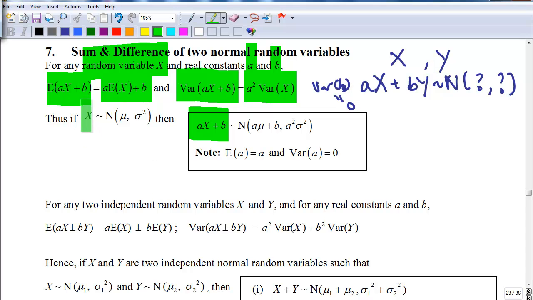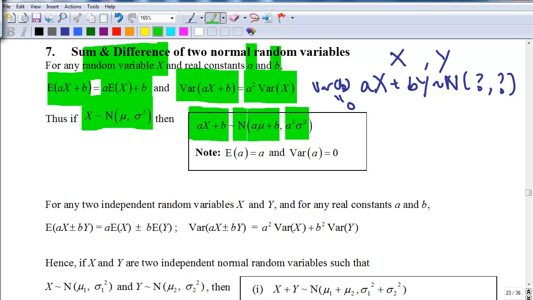Now, if X follows a normal distribution with mean mu and variance sigma squared, then aX plus b is always going to be normal. Okay, and it's going to be normal with this mean and this variance.